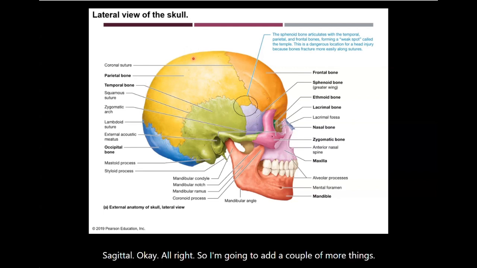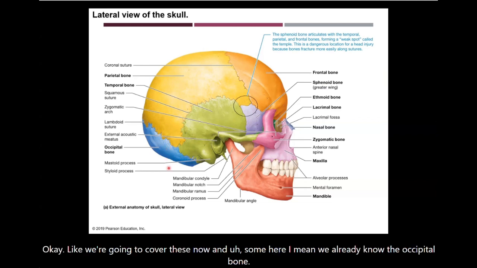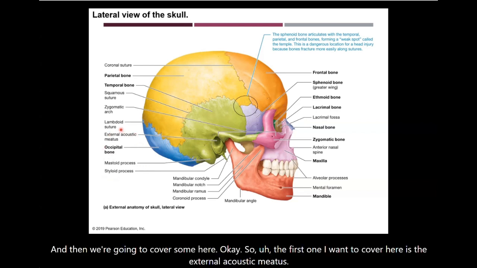Okay? All right. So I'm going to add a couple more things. We're going to cover these now and some here. I mean, we already know the occipital bone, and then we're going to cover some here. So the first one I want to cover here is the external acoustic meatus.